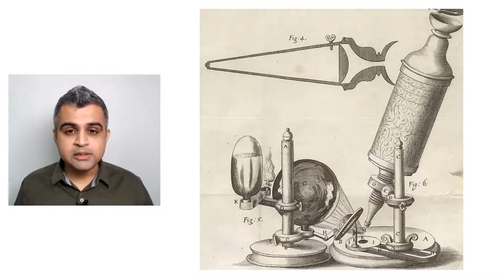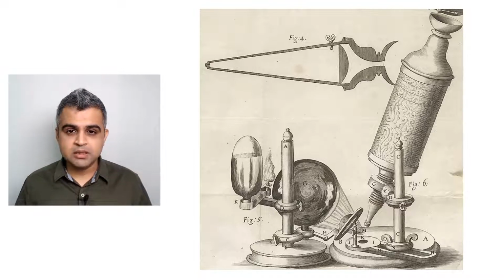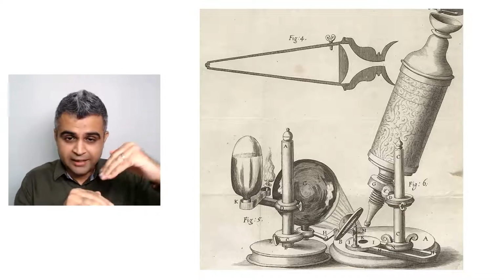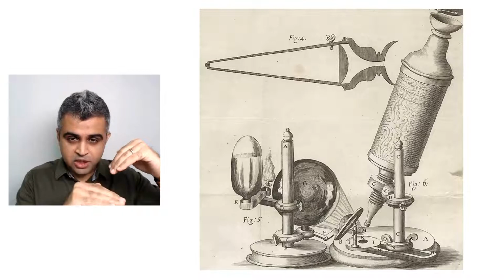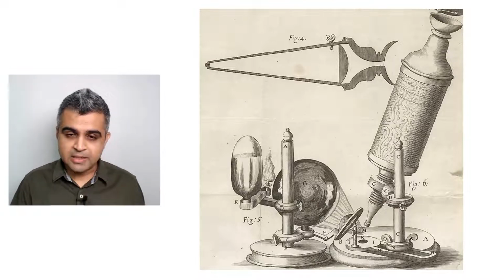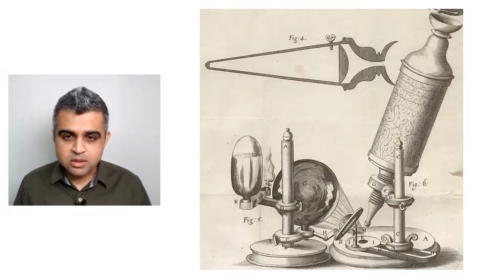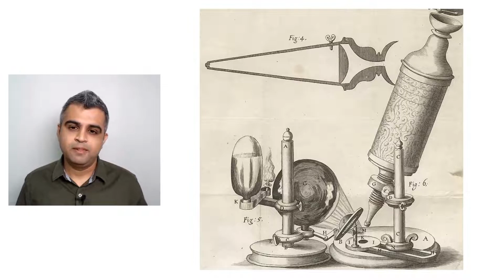This point is important because whatever Robert Hooke was seeing was via reflected light. Light is coming, hitting his subject, and then reflecting off it, passing through his microscope, and that is what he is seeing. So this was Robert Hooke's book called Micrographia.